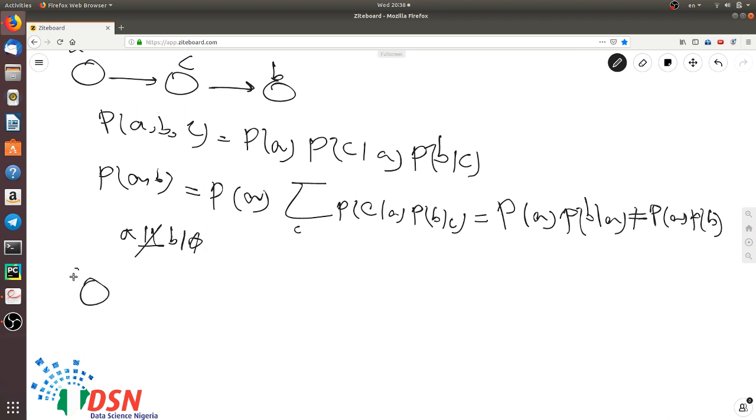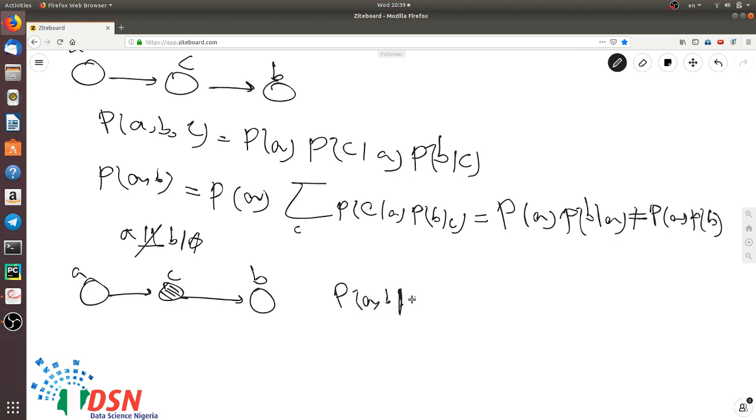But now we want to observe C and look at the conditional joint distribution.